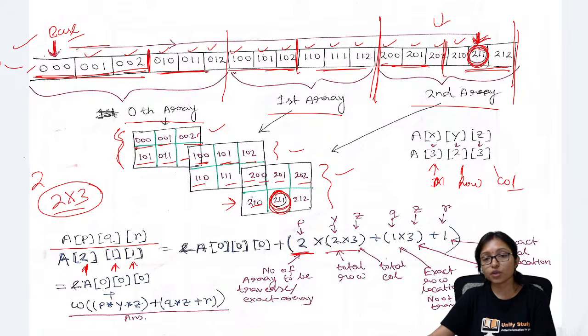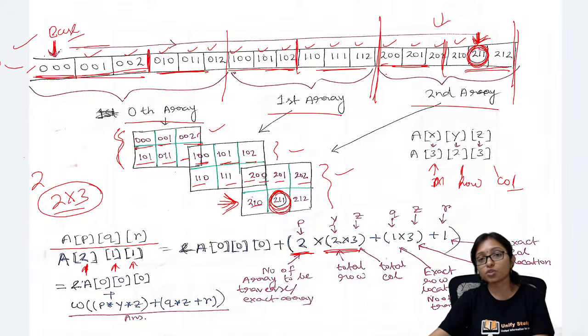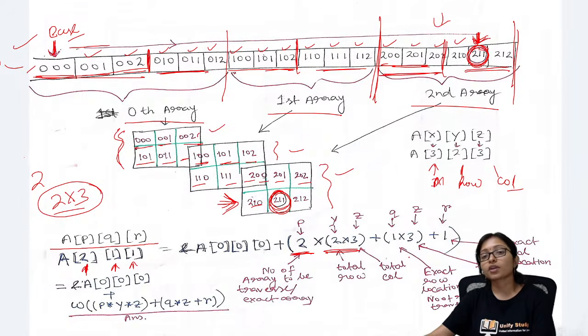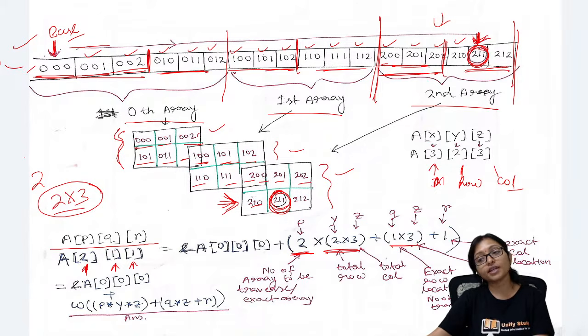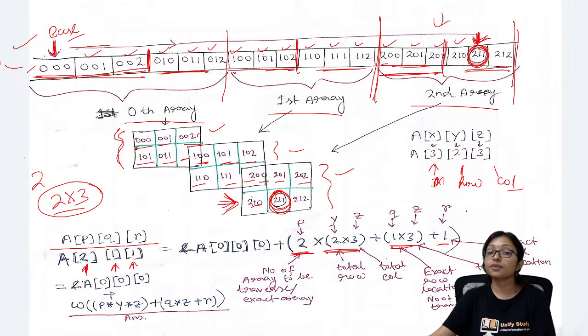That is 2 into 3. After that, when I reach the original matrix, in that matrix also I need to traverse the first row. In that first row, how many cells are there? 3 cells, that is 3 columns. After that, how many columns are there? This is 1 column. That's why your answer will be like this.